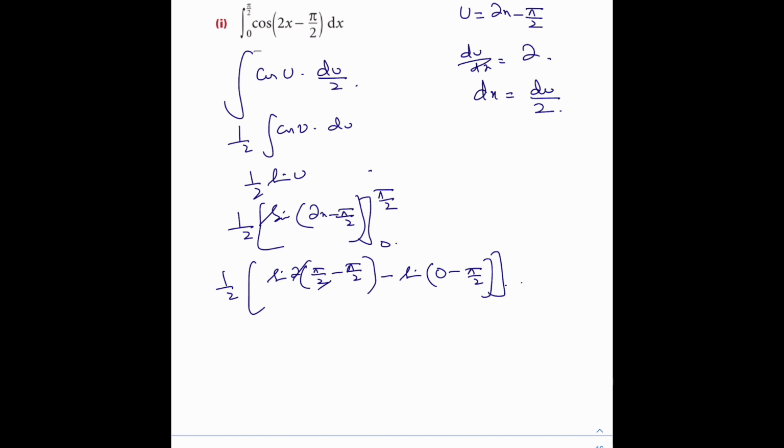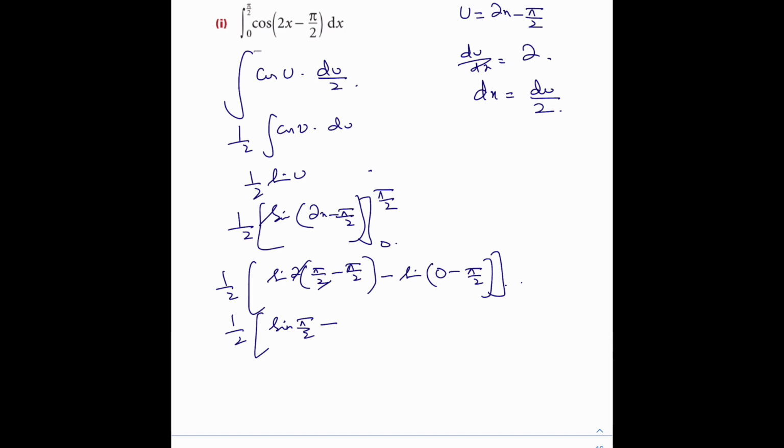Okay, let's solve this bracket. Half, sine of pi minus pi by 2 is pi by 2, minus sine of 0 minus pi by 2.